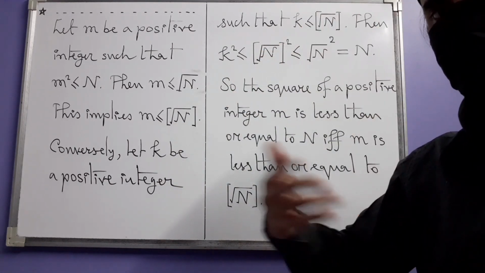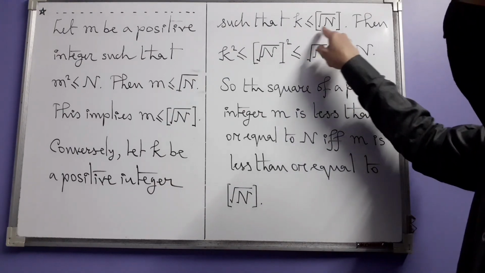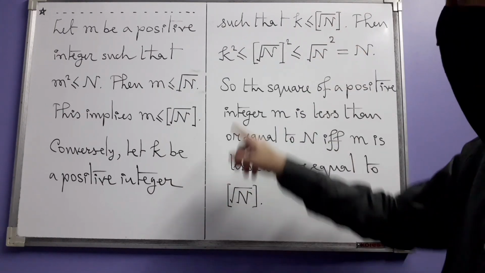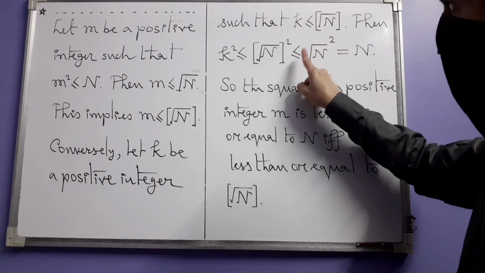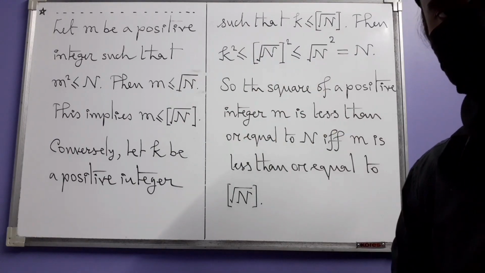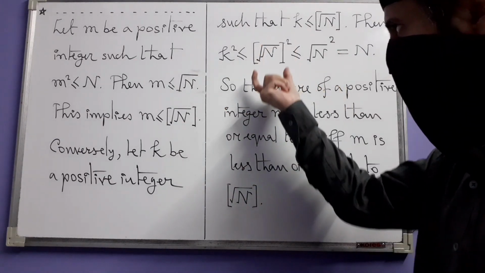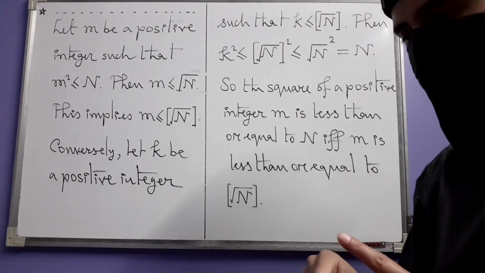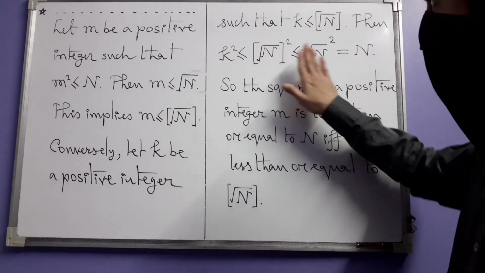Okay, so we are going in the opposite direction now. Then you can take squares on both sides, obtaining this inequality. This square, however, is less than or equal to the square of root N. Where is this coming from? It comes from the fact that the greatest integer value of root N is itself less than or equal to root N. And both are positive.